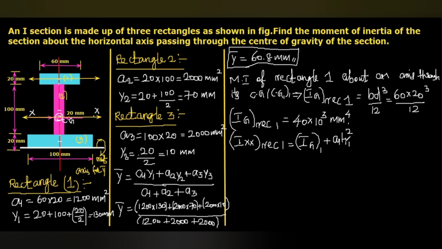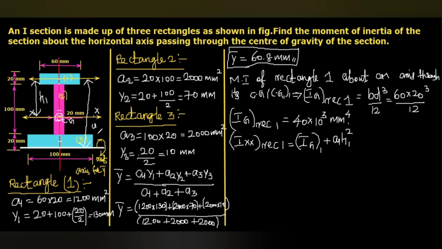Here this H means the distance between the two parallel axes. This is h1. Here, this is the reference axis for the y bar calculation. This y1 means this 130 mm, that is the distance between the reference axis and the CG1.